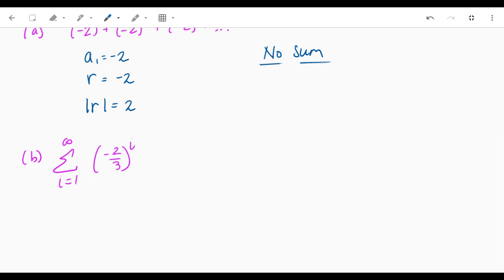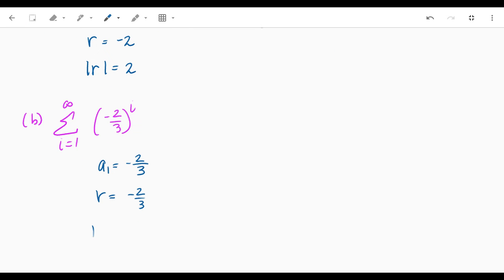But this guy here, if I plug in 1 for I, the first term is negative 2/3. The ratio between terms is also negative 2/3. And the absolute value of that is 2/3, which is less than 1. So I can find the sum. Okay. So remember, the sum is the first term over 1 minus the ratio.